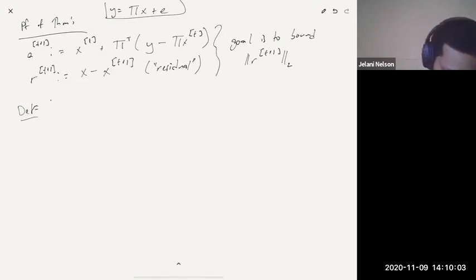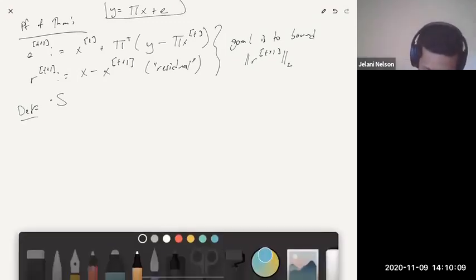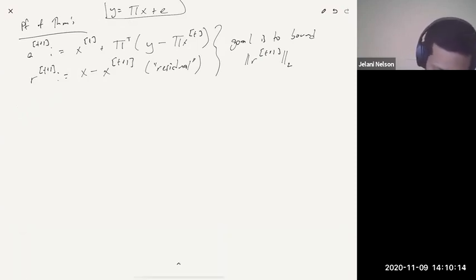First of all, let me define S. Another thing worth saying in the beginning: without loss of generality, I can assume that S is exactly k-sparse.